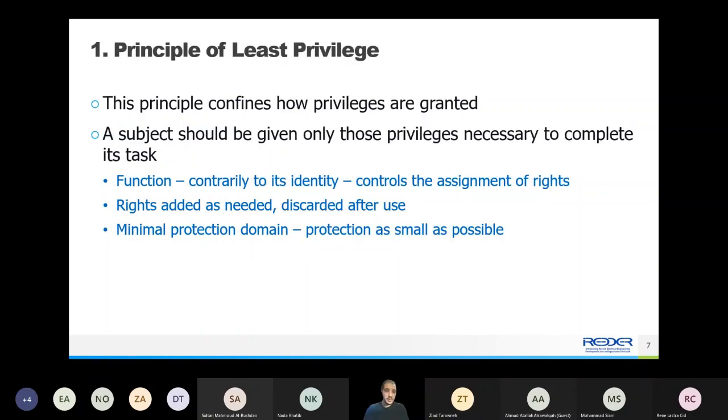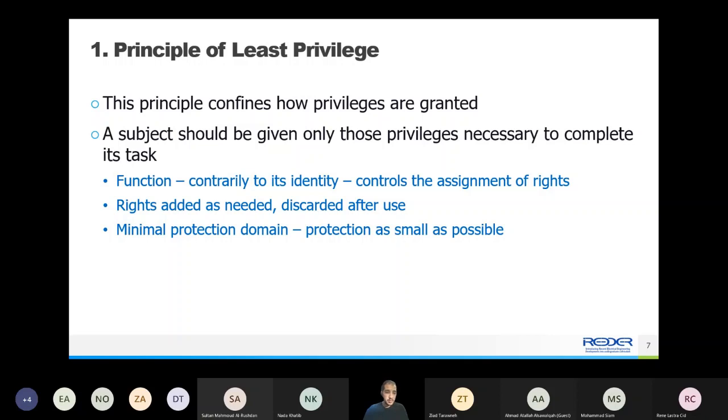So the principle of least privilege, as the name states, confines how privileges are granted. A subject should be given only the privileges necessary to complete the tasks. So what this means is the administration of a system should give the subjects only the necessary privileges and not more than they need to complete the task.